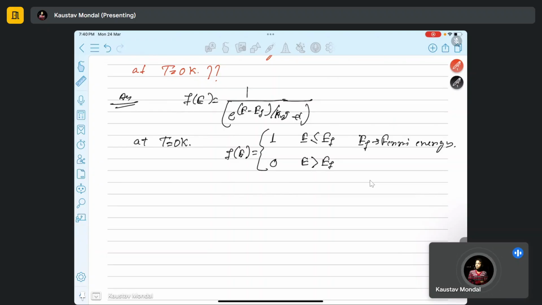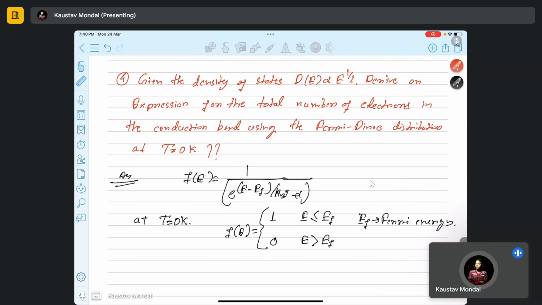In this case, the particle is the electron.